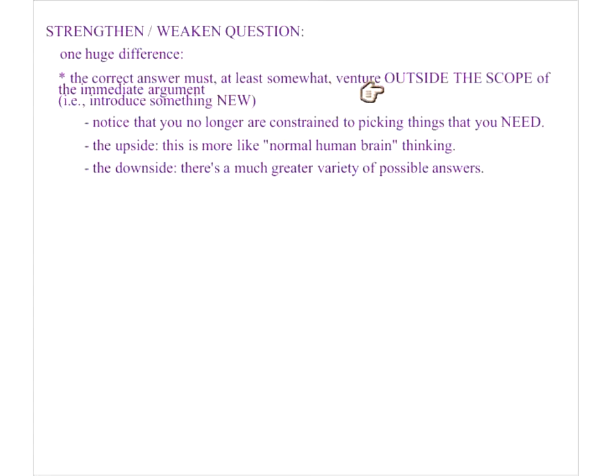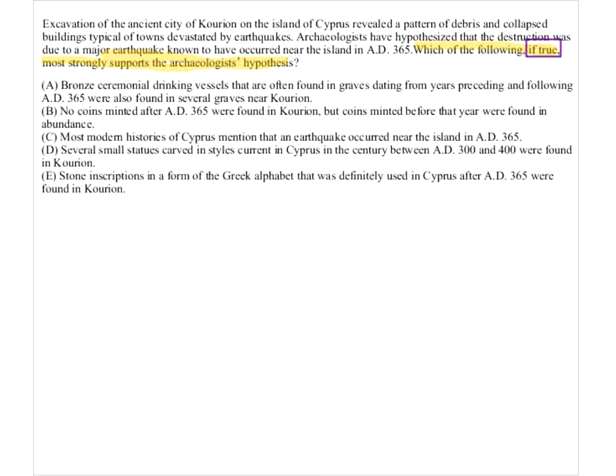Because otherwise, you can't strengthen an argument by just reiterating the talking points that are already there. You also can't weaken an argument by reiterating what's already there either, because those statements would already be there. So let's keep that in mind: going outside the scope here is okay.